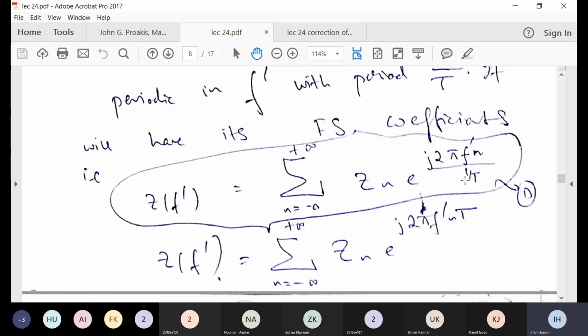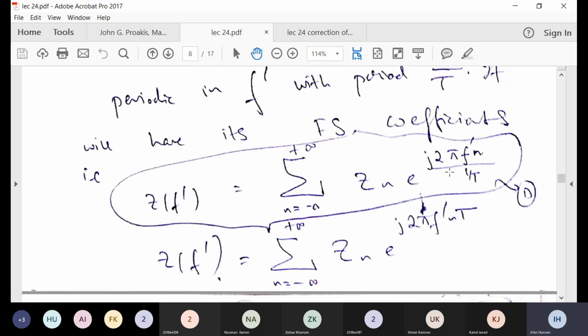The periodicity is 1 over T, so 1 over T here will come out as T in the numerator. Z(f dash) comes out to be the sum of Z_n e^(j2 pi f dash nT). Previously it was T0, so T0 is replaced by 1 over T, because 1 over T is the time period.